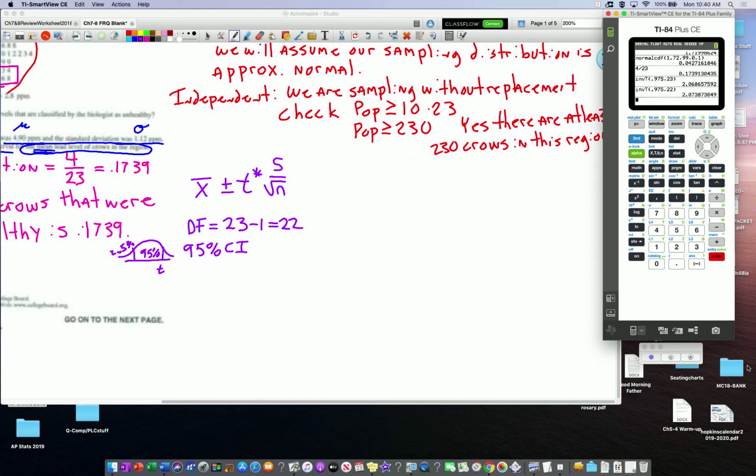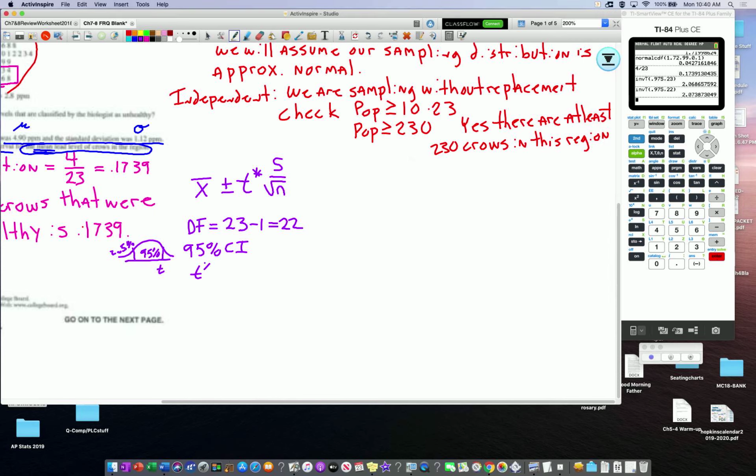So there we go. My t star is 2.074. Now, if you look in your book, I don't think we handed out the t star distribution, unfortunately, but this is also at the bottom of that formula sheet. Hopefully you've at least seen that pop up in the notes.